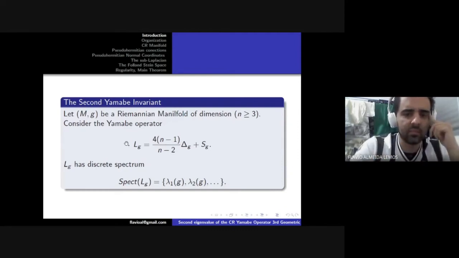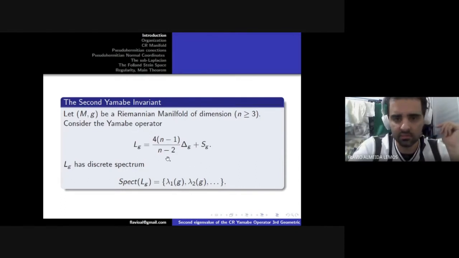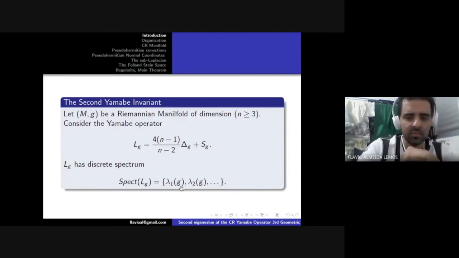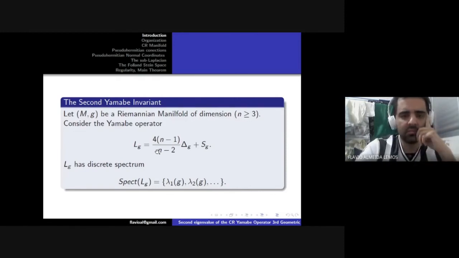Let's see. Let L be the Yamabe operator. We have a Riemannian manifold. Consider the Yamabe operator. Since the Yamabe operator has discrete spectrum, it has eigenvalues.